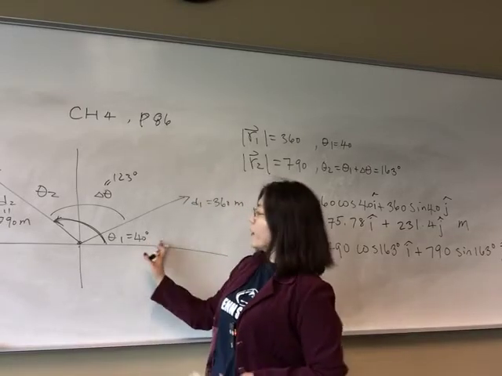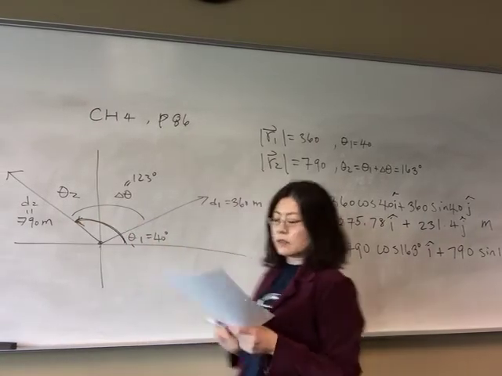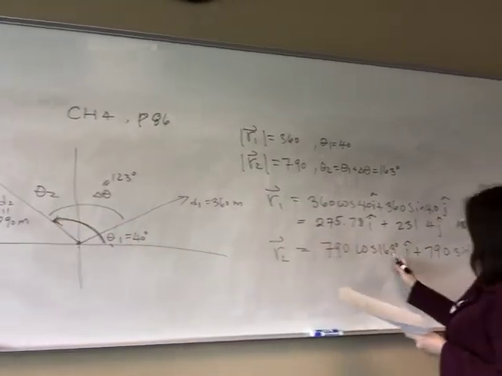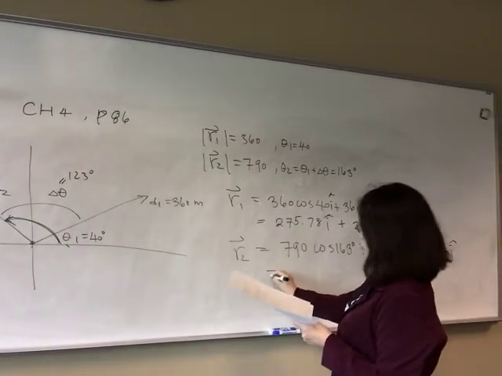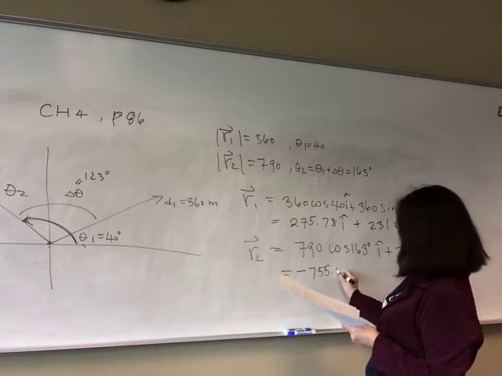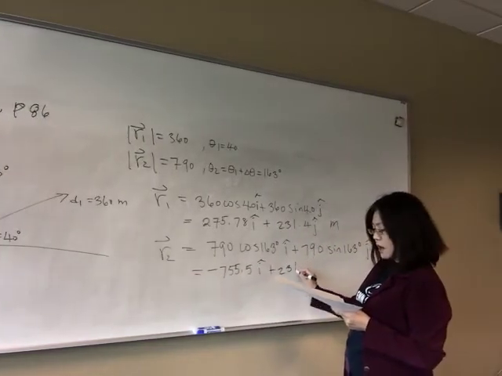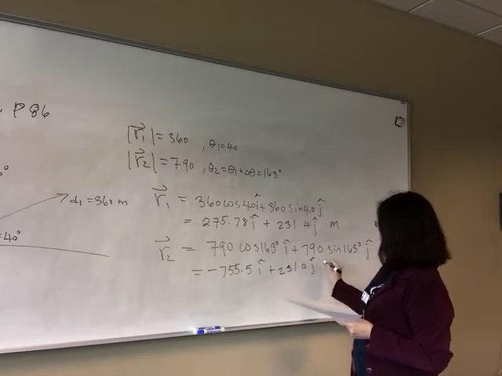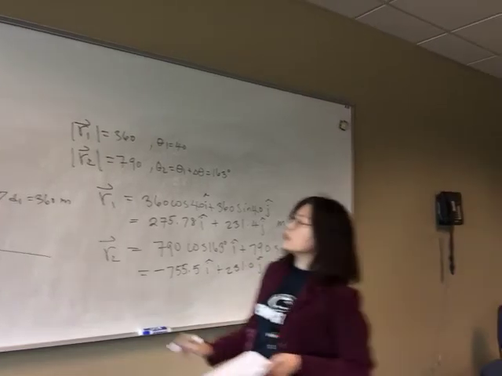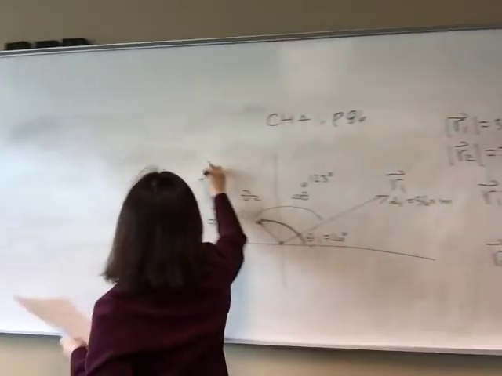Doing the numerical calculation, you should have negative 755.5 I hat plus 231.0 J hat meters.